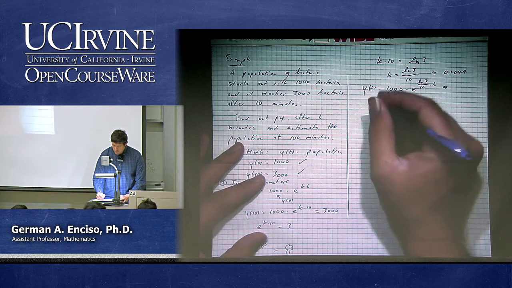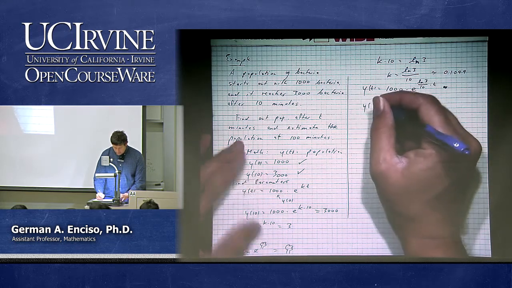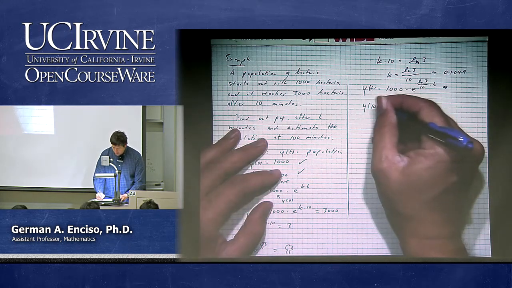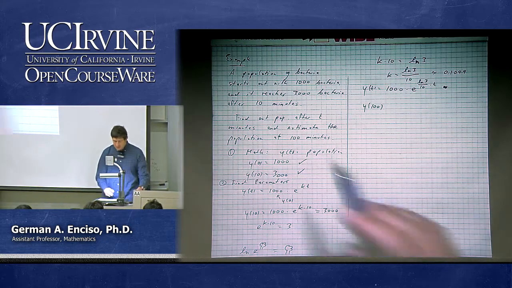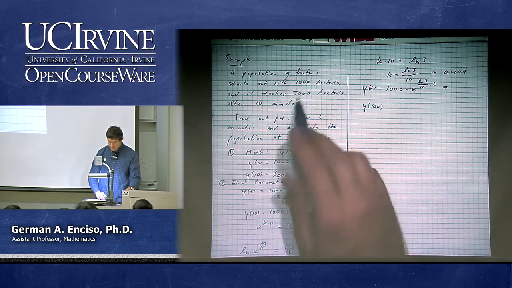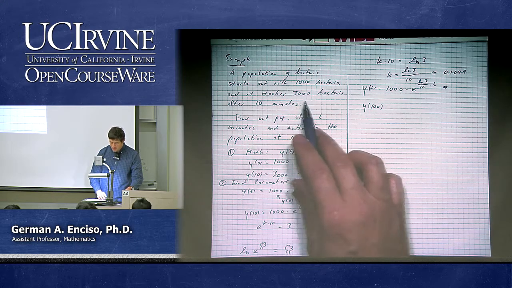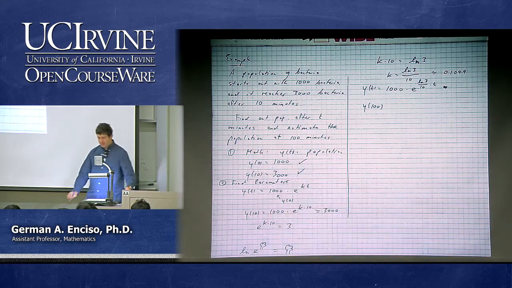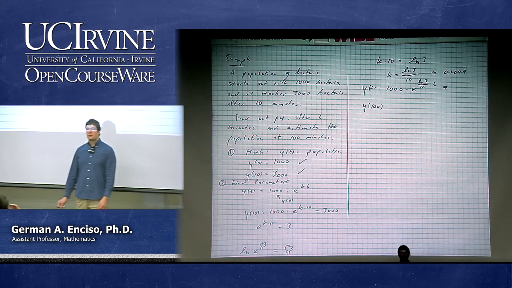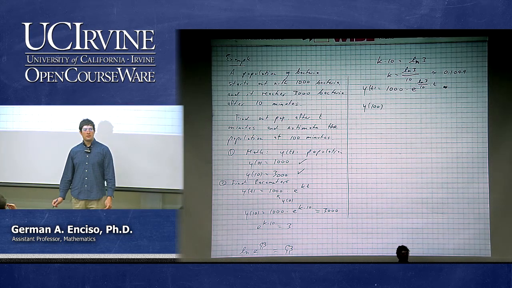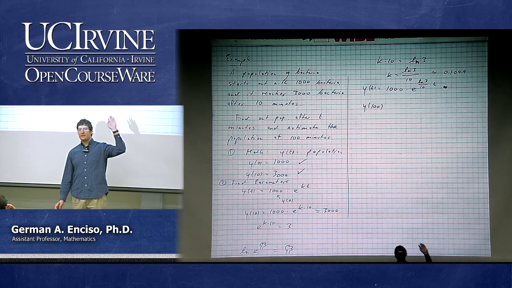So now y of 100, let's think about it. If you started with 1,000 bacteria and after 10 minutes you reach 3,000, how many bacteria do you think you're going to get after 100 minutes? Roughly speaking, you have 3,000. You think more than 10,000?